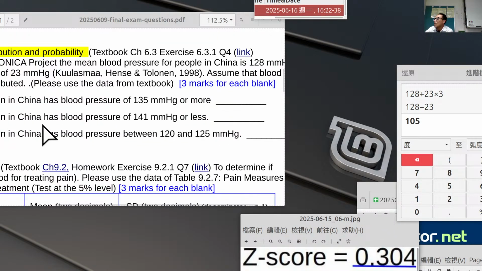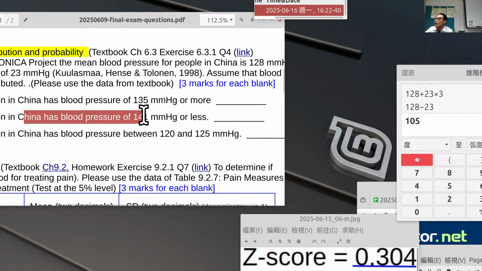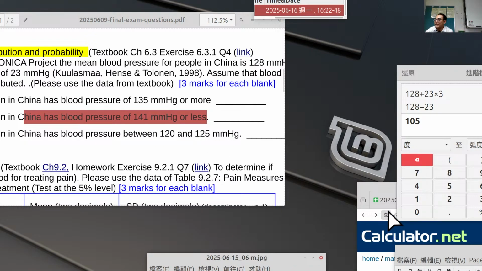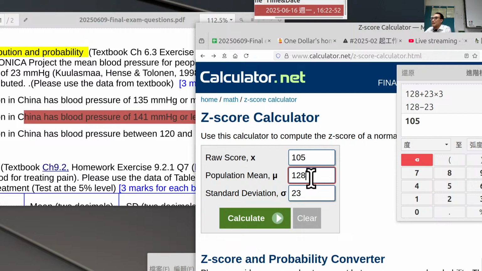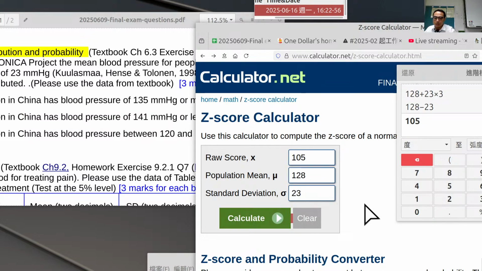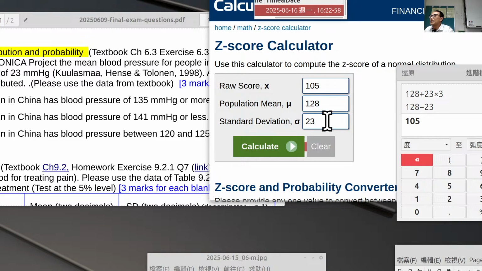Second question, blood pressure of 141 or less, and we can go back here. The same, the mean 128, standard deviation 23, and type 141, and click calculate.